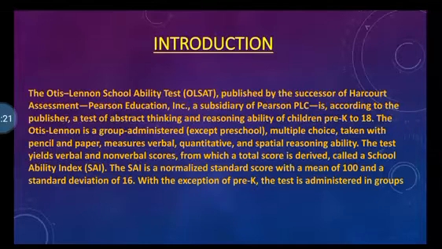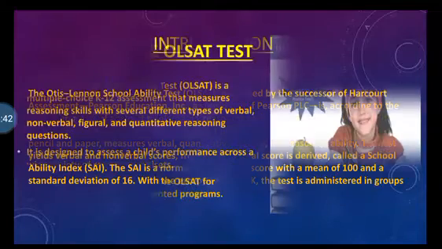The test yields verbal and non-verbal scores from which a total score is derived, called the School Ability Index, or SAI. The SAI is a normalized standard score with a mean of 100 and a standard deviation of 16. With the exception of pre-K, the test is administered in groups.